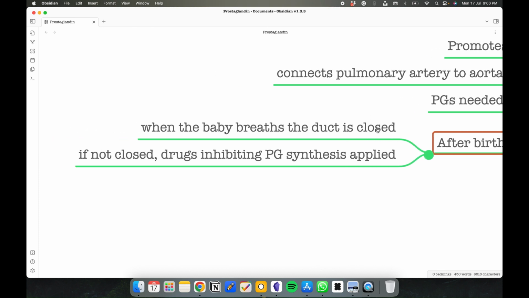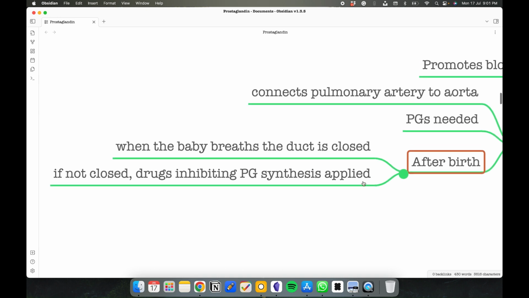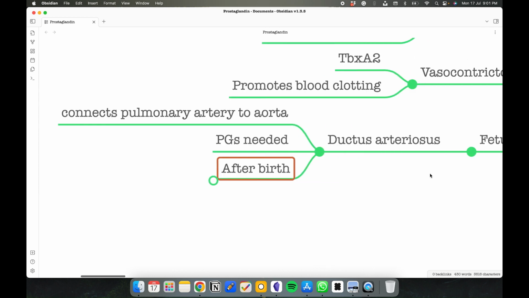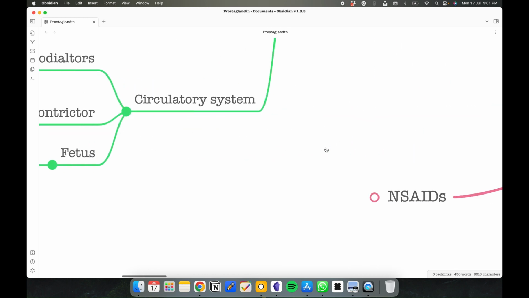If even after birth it is not closed, then doctors generally inject some drugs which can inhibit prostaglandin synthesis, so that with a lesser amount of prostaglandin, the ductus arteriosus cannot go on with its function. So its functional ability is reduced with the reduced production of prostaglandins, which is induced by some drugs. So that is the thing about the circulatory system.